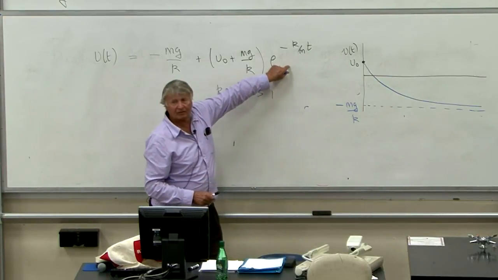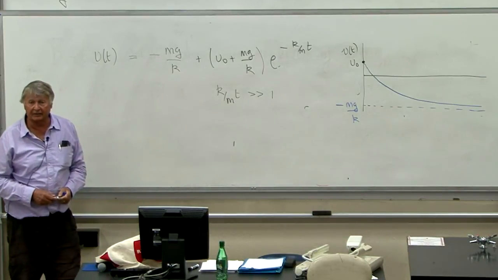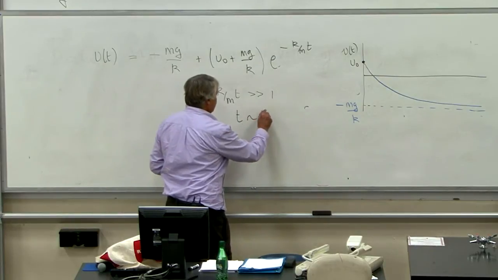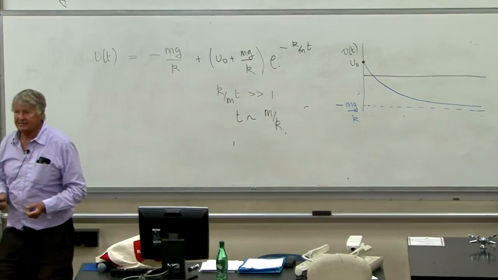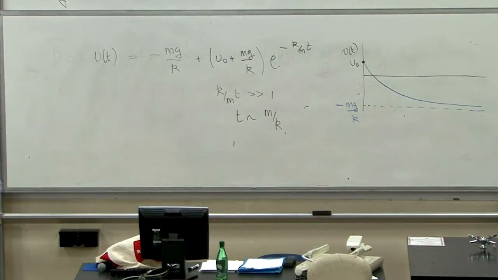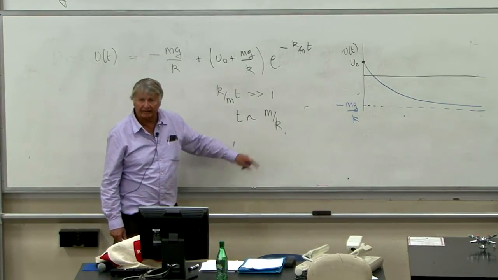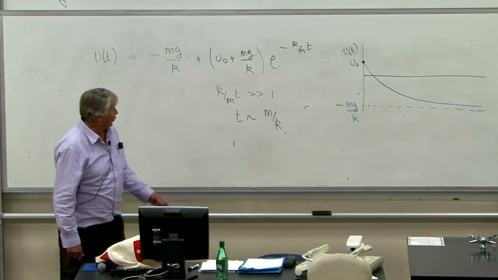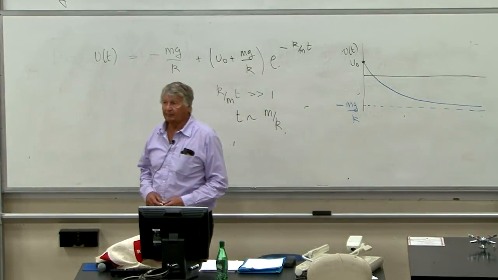Then this term will be almost 0, and I'll have reached terminal velocity. Roughly, the time scale to get halfway there is m over k. That has the units of seconds, because k has the units of mass per second. So you approach this terminal velocity steadily.